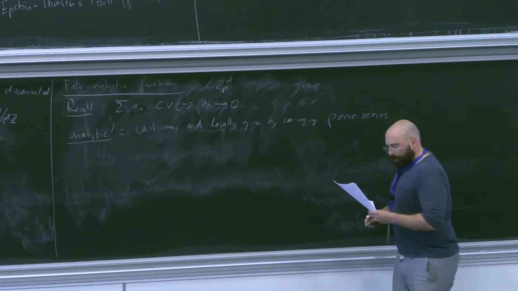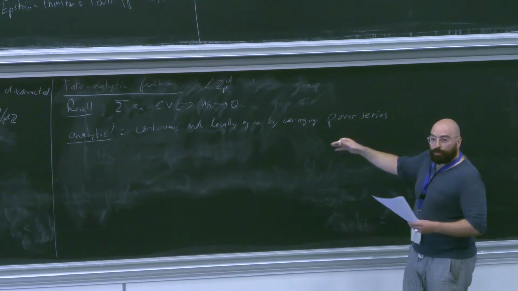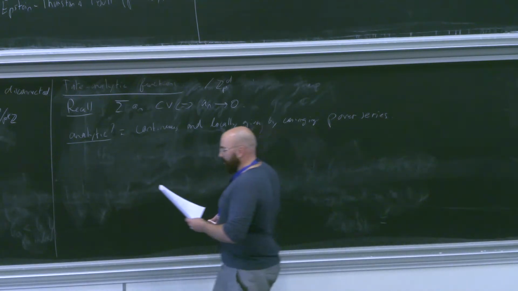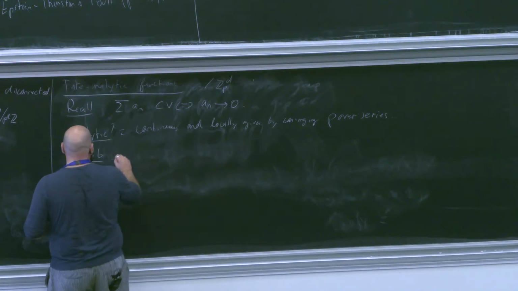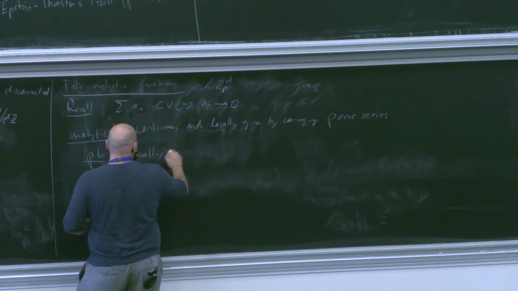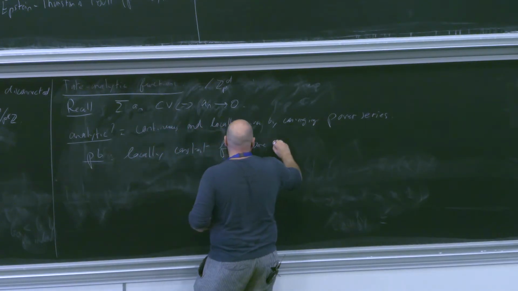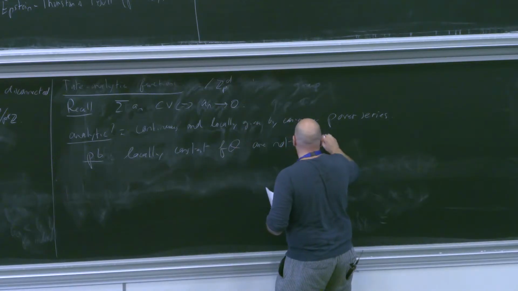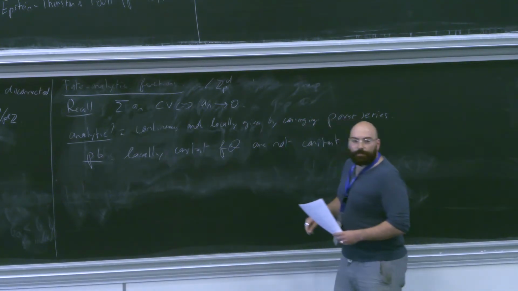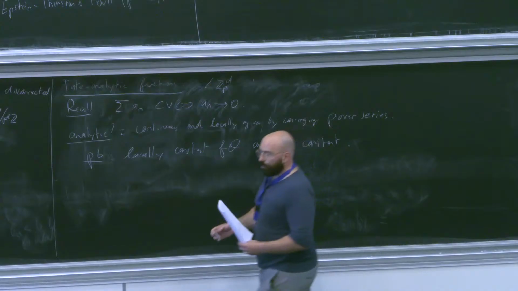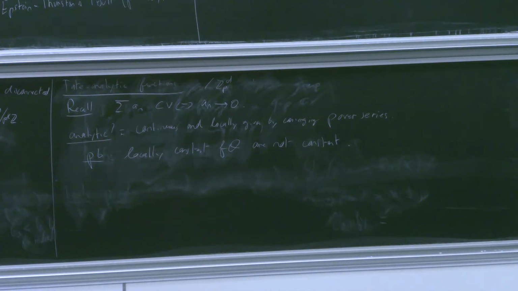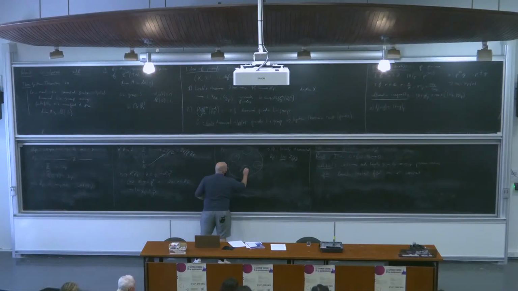But this is not a good class to do analysis with, because the problem you have is that locally constant functions are not constant. Why? Because you can take the function which is 0 here, and 1 on all these other poles.